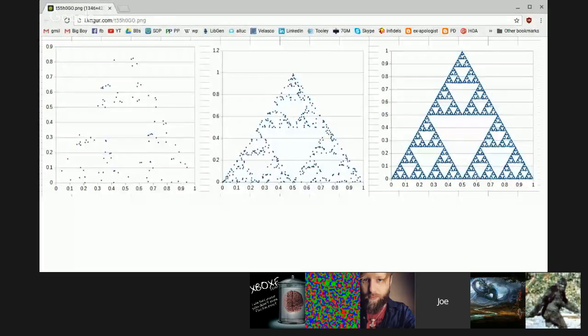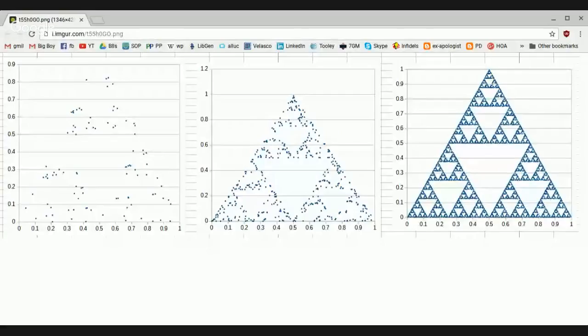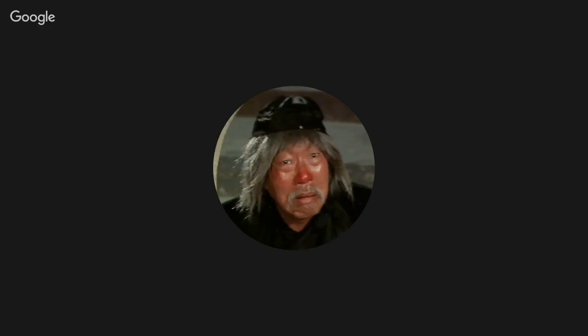So that's exactly what we were talking about. You have these random points with a very simple rule set. You have the top point, the left and right points on the bottom, and you pick a random point somewhere on that graph, and then you roll a dice. If it's 1 or 2, you go halfway to the top point.